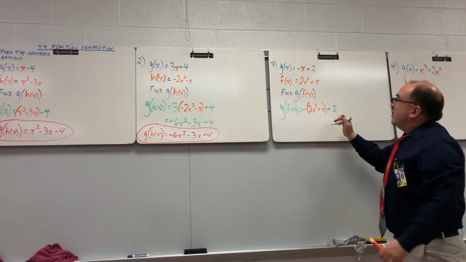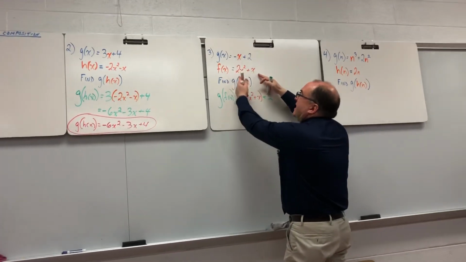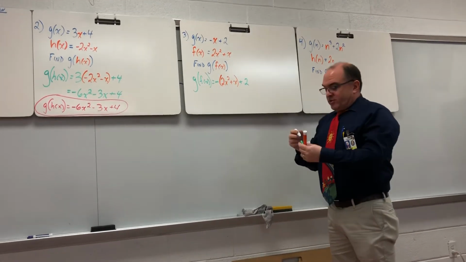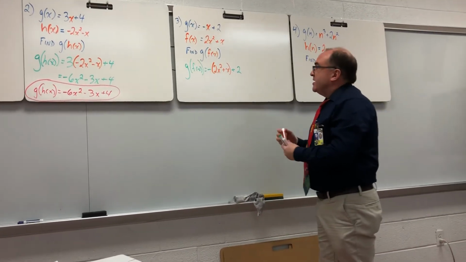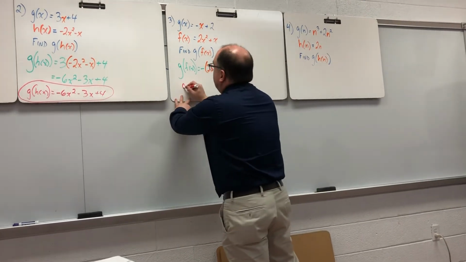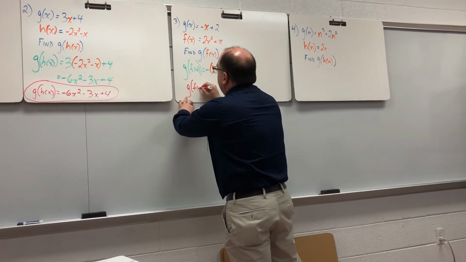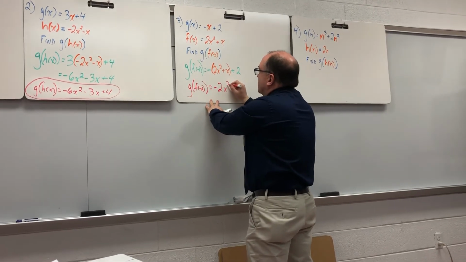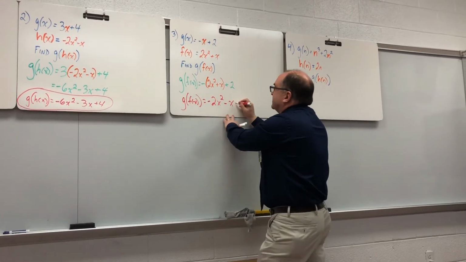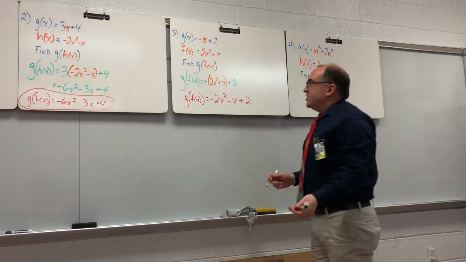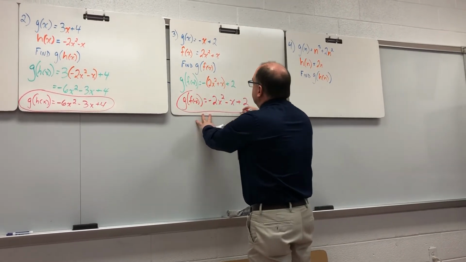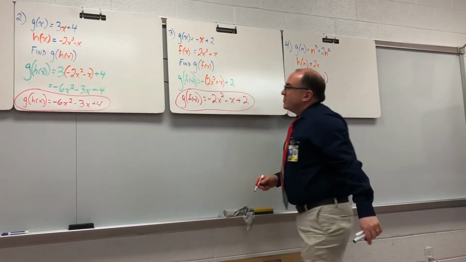Okay? All I'm doing is putting this in for x. Okay? Distribute the negative, and I'm done. G of f of x equals negative 2x squared minus x plus 2. There's no more I can do with that. That's it. Okay?